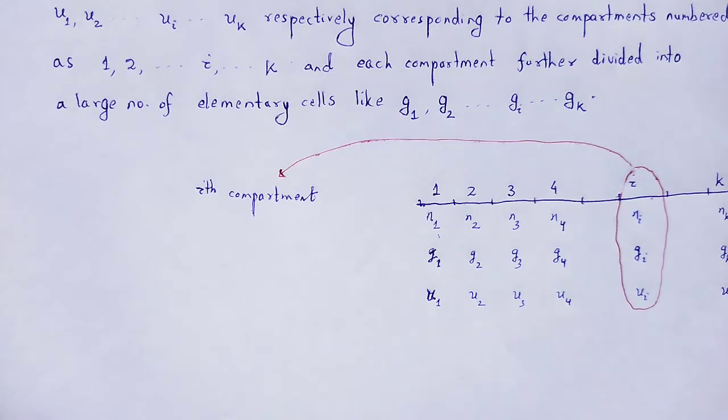As we said, fermions satisfy the Pauli exclusion principle.